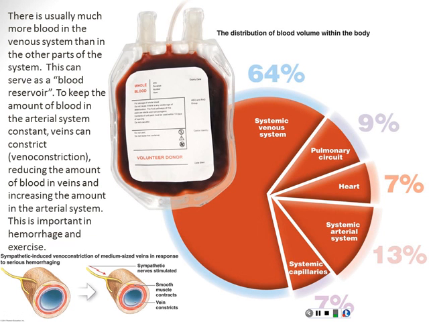So we may go from 64% to 50-50. Now, why does that matter? It means that we've just increased the amount of blood circulating through the arterial system, the heart and the capillaries by 14%. Right now, because you guys are at rest, this is what your pie chart looks like.